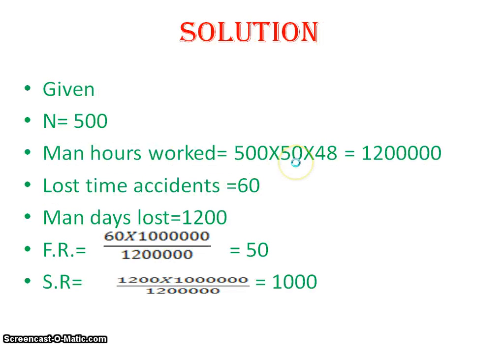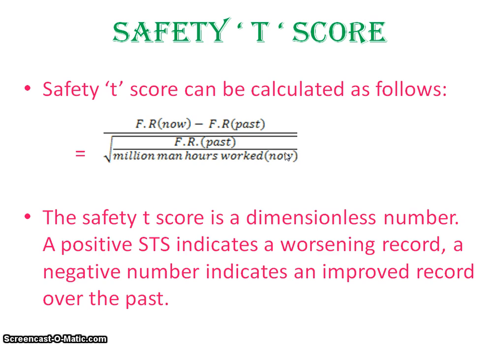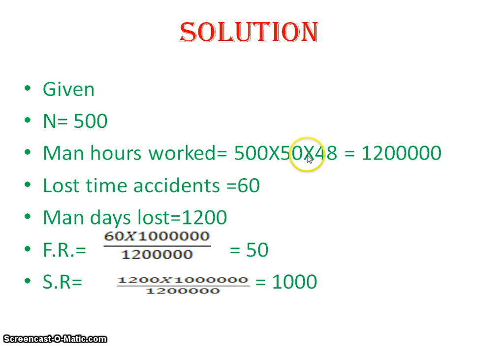Applying this here, the number of lost time accidents is 60, into 10 to the power of 6 divided by man hours worked, which we have calculated as 500 into 50 into 48. 500 is the number of workers, 50 is the number of weeks, and 48 is hours per week. Substituting, the answer is 50. So the frequency rate for this particular problem is 50.